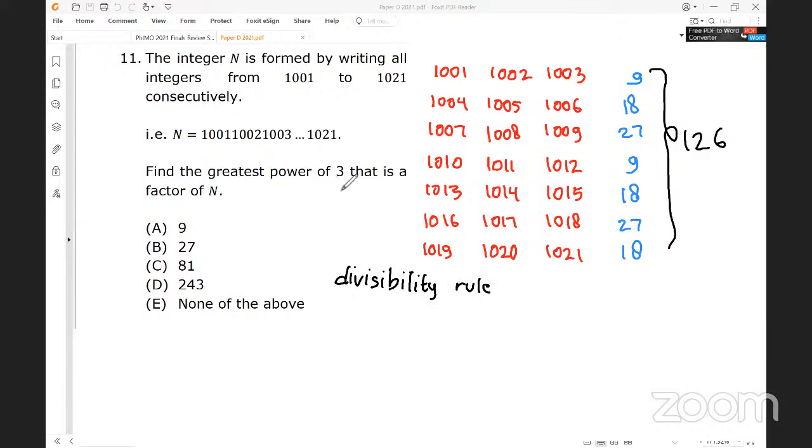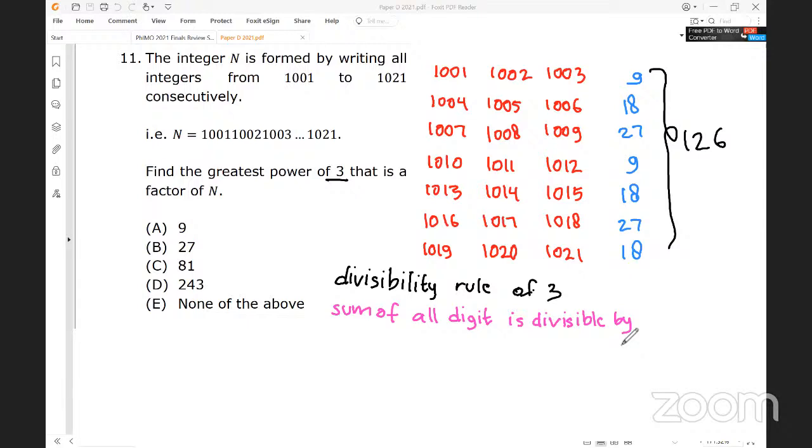Because it's 3, the divisibility rule of 3: you have to sum all the digits, and the sum must be divisible by it.